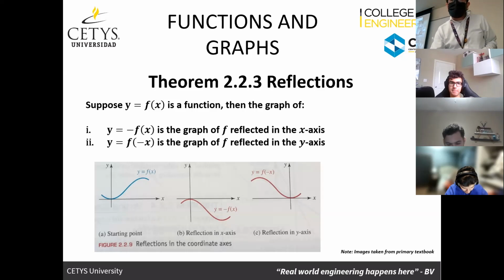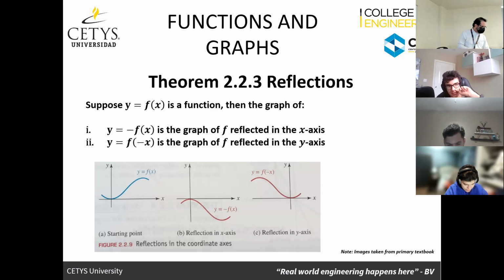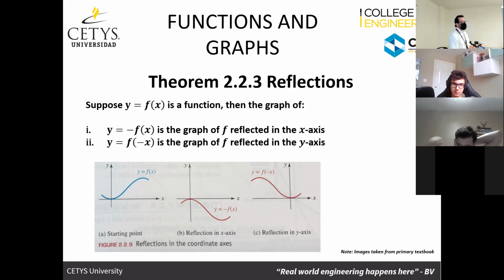Good. Now, let me switch to the other camera. Okay, now another thing that we're going to analyze are what are called reflections. We've talked about what happens when we add or subtract a constant to a function. Now, what happens if we incorporate a negative value to the whole function, or to the value that's being given to evaluate in the function?